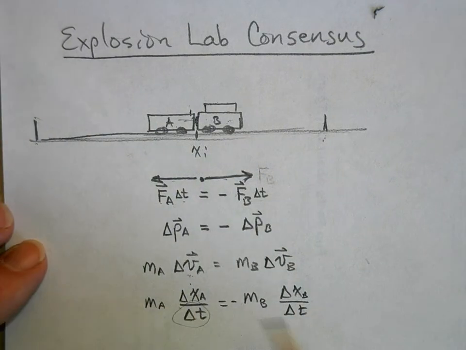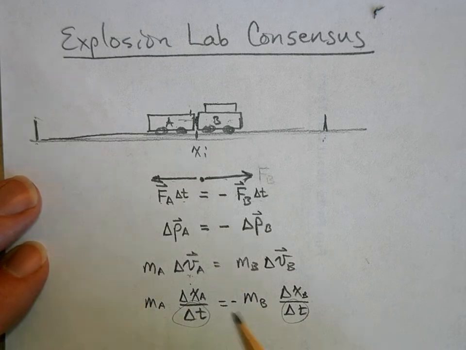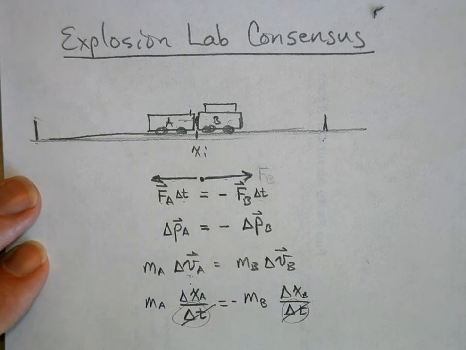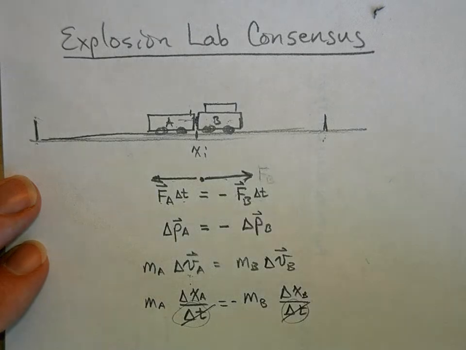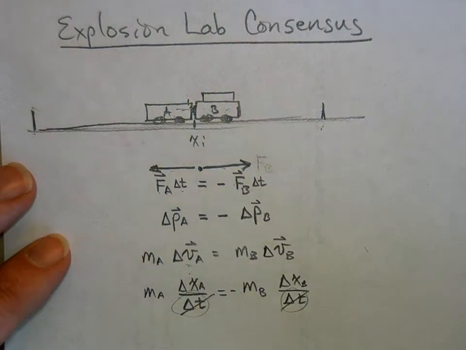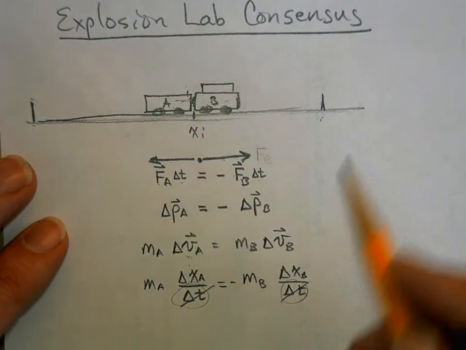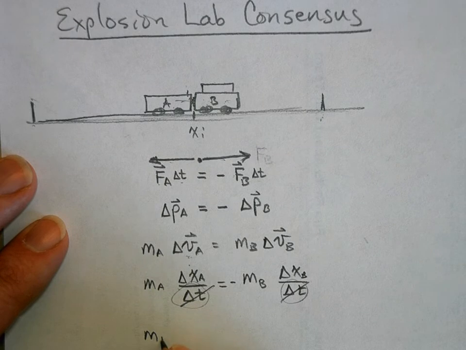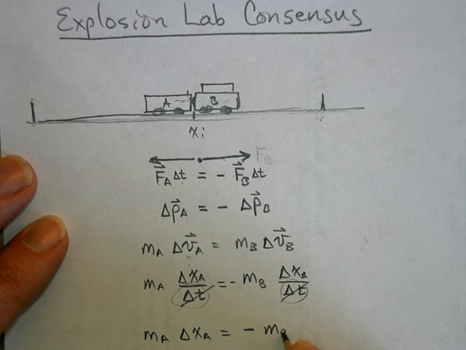So this delta x and this delta x were the same, and we canceled it out. And so this gave us a prediction. We said that if all of this is true, MA delta XA should be equal to negative MB delta XB.